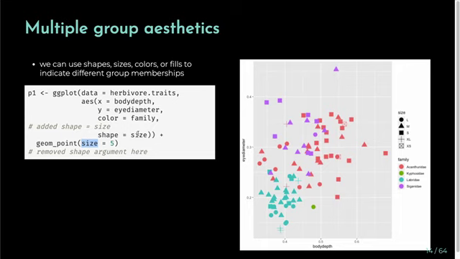So this is a good reminder that you shouldn't name variables after functions in R. Regardless, we'll soldier on. You can see that the shape here has changed based on the size class variable, where, for example, the squares are small and the circles are large. And again, we had to remove the shape argument from down here.